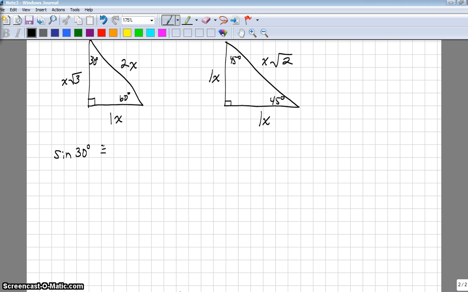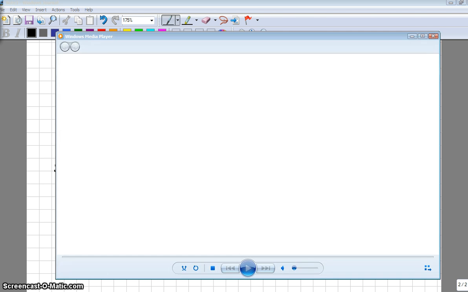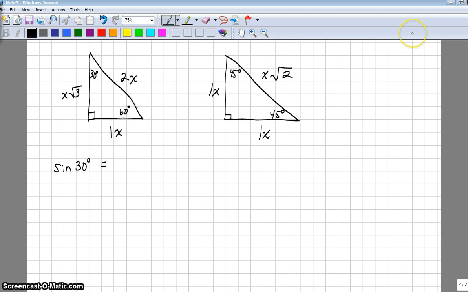The sine of 30 degrees, if we look at our 30, 60, 90 triangle, is the opposite over the hypotenuse, so it's 1 over 2. The cosine of 30 degrees is adjacent over hypotenuse, so if I'm looking from the 30-degree angle, the cosine is the square root of 3 over 2.